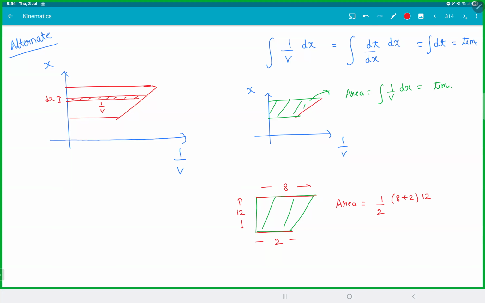This comes out to be 60 seconds. हो गया answer. Easy, but it doesn't click. So if it clicks, great. Doesn't click, stick to your regular method. Everyone got this?